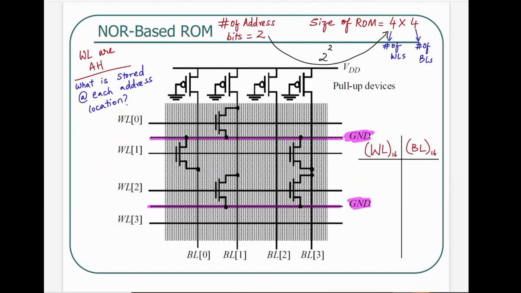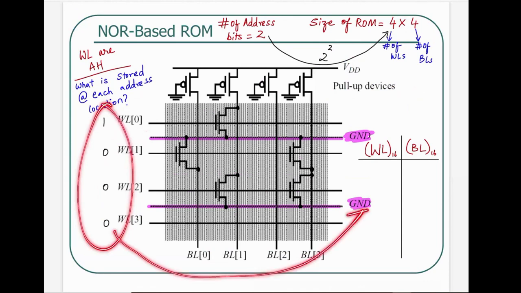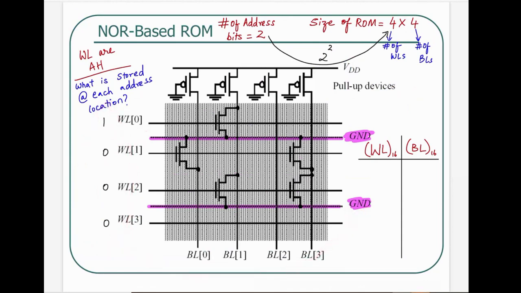So let's talk about the first one. For the first one, I'm going to make WL0, the least significant word line, as active. So I'm going to make this one and the rest of them as 0, inactive, right? And that, of course, is going to translate to our table over here in hex as what? 0, 0, 0, 1.